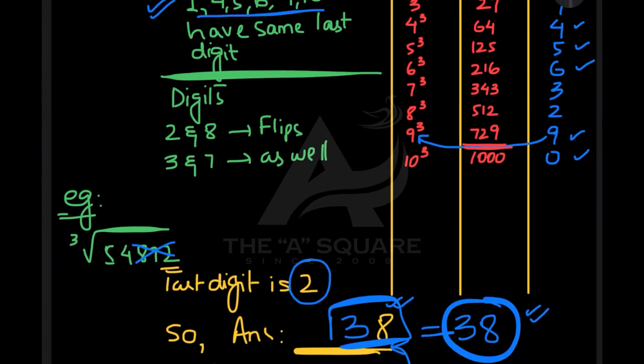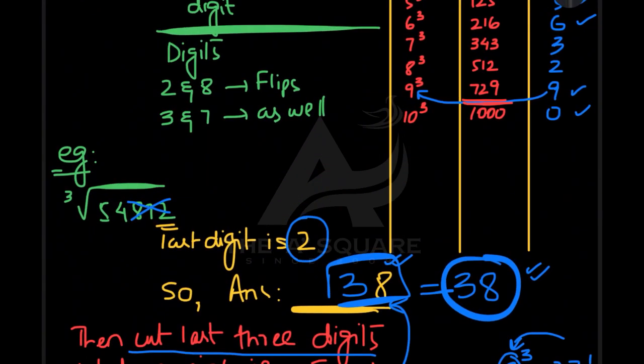After you have concluded these findings, I am going to calculate the cube root of any number you want. First we are trying to calculate the cube root of 54,872. 872 has last digit 2. 2 and 8 flip together, so the last digit of the answer is 8.